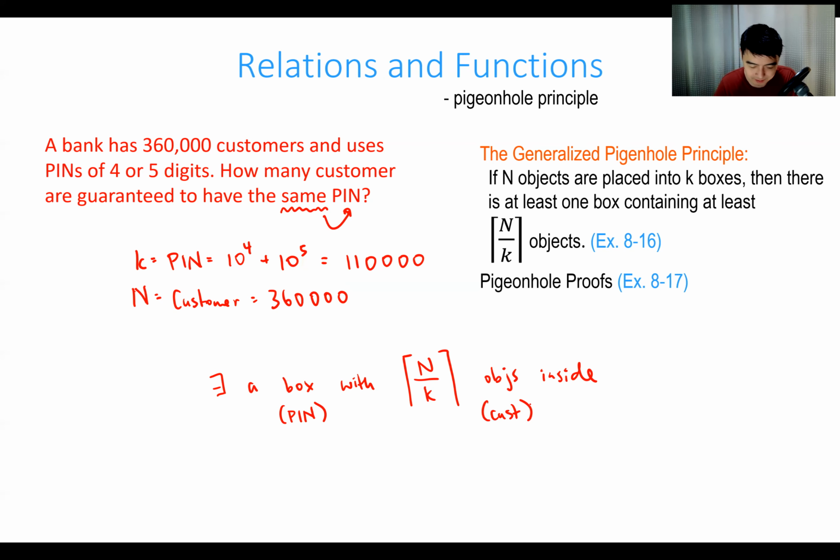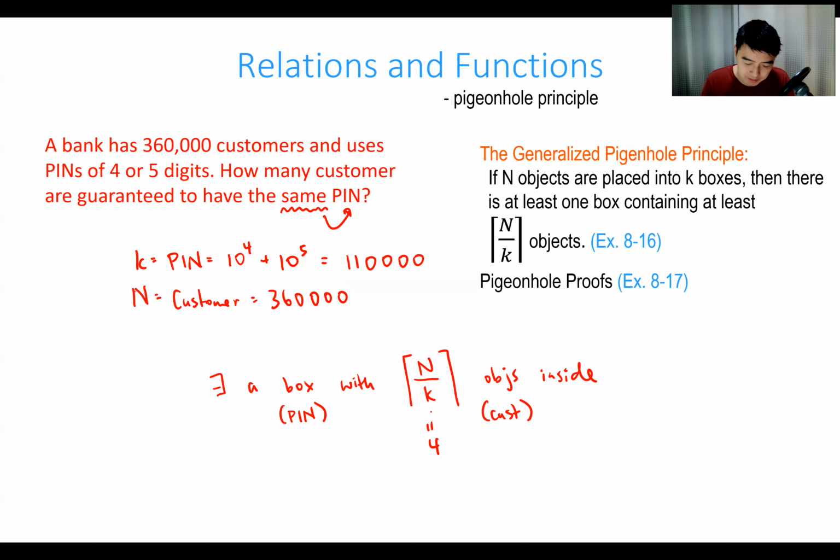Well, it's 360,000 over 110,000. I think this answer is equal to 4 again. So the guarantee is that there's at least 4 customers with the same PIN. Now, in reality, it's probably a lot higher than that, right? So it's probably a PIN that is very easily guessed or something like that. But I hope you get the idea.